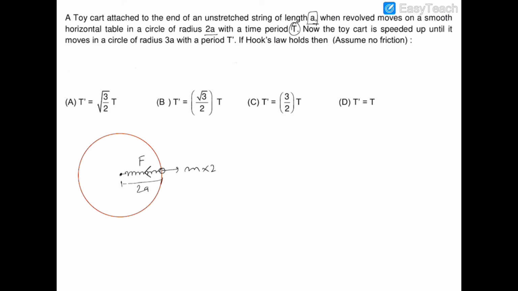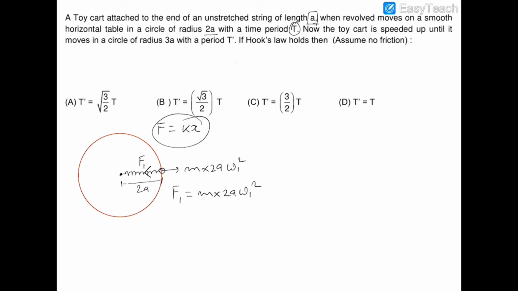The radius is 2a, so m into 2a omega 1 square. So this is F1, which is balancing m into 2a omega 1 square. So this F1 will be the spring force, and spring force is equal to kx, where x is the additional compression or extension in the spring.